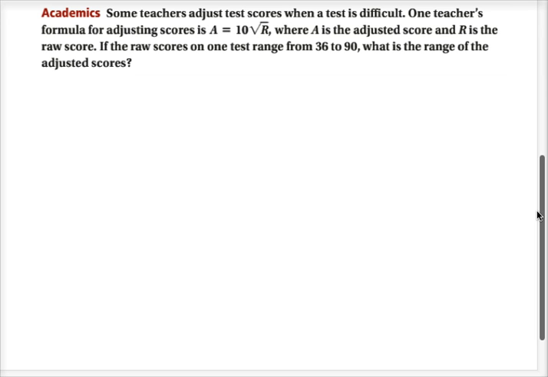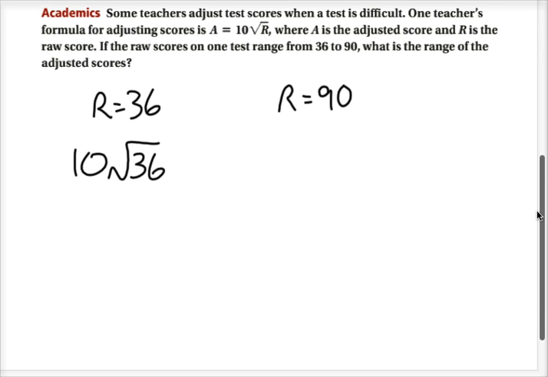All right, so we're talking about an R of 36 ranging to an R of 90, and we want to know what's the range of A, okay, the range of those adjusted scores. Well, let's plug it into the formula, shall we? So that means we're going to be ranging from 10 square root of 36 to 10 square root of 90.